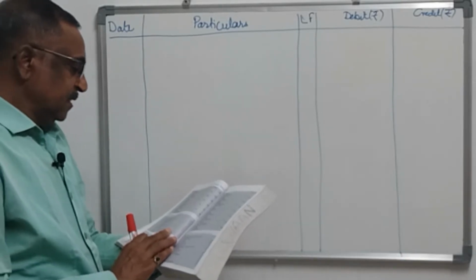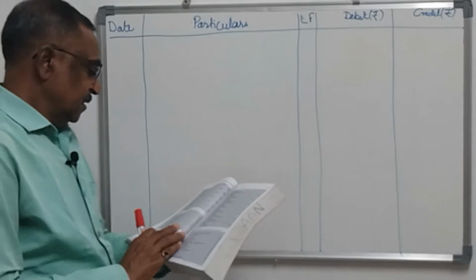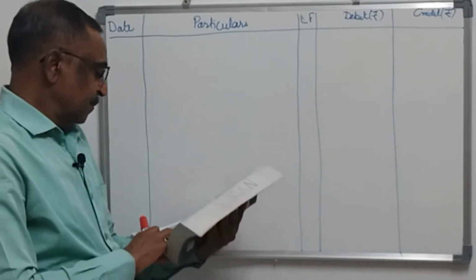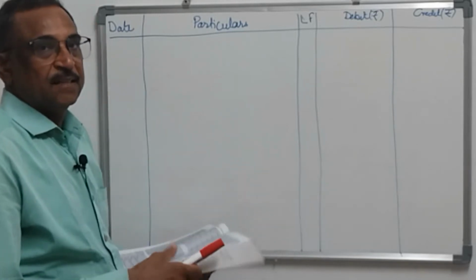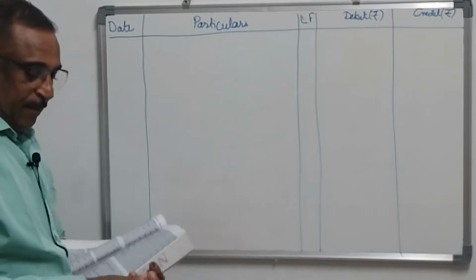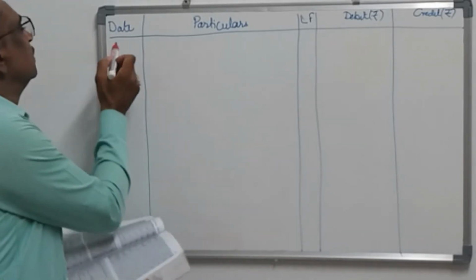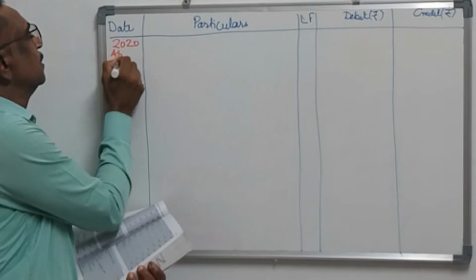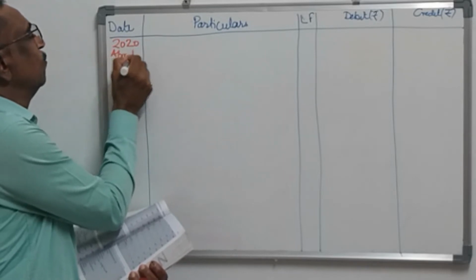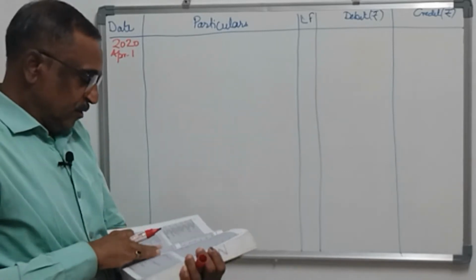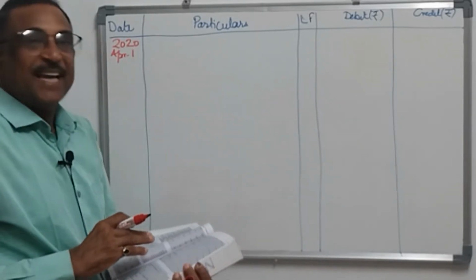Pass the journal entries for the following transactions. April 1, 2020. Pawan started business with cash 1 lakh. This entry is very simple. On April 1, Pawan has started business by introducing 1 lakh as cash.